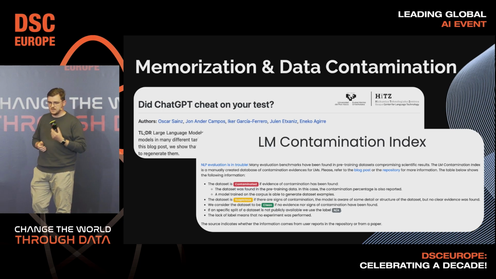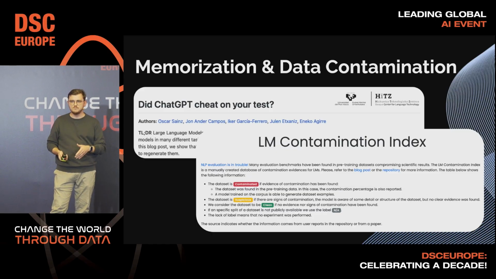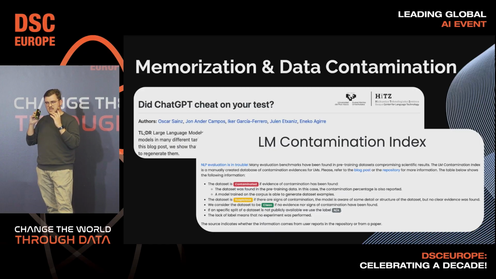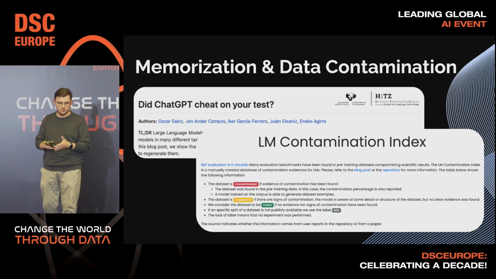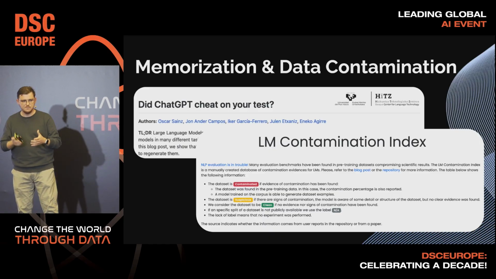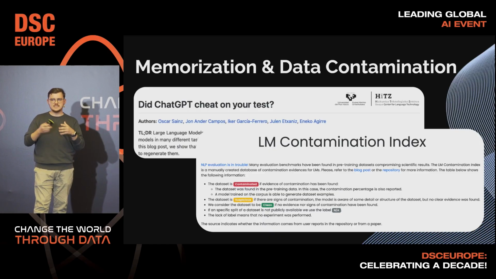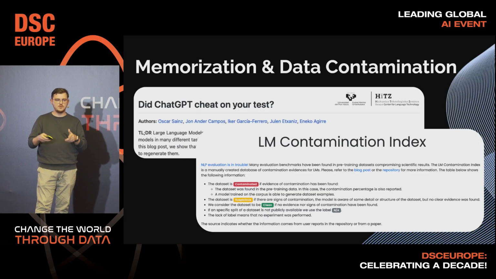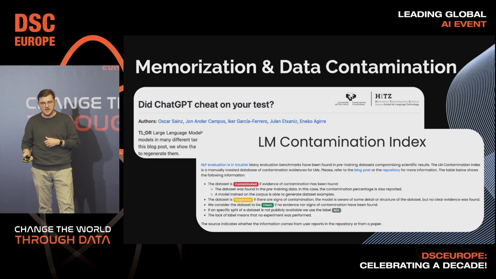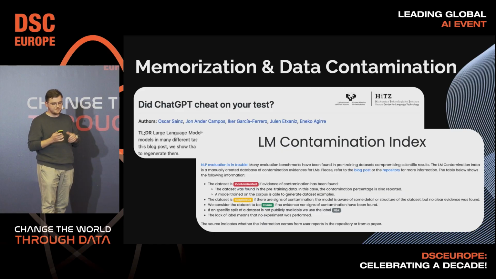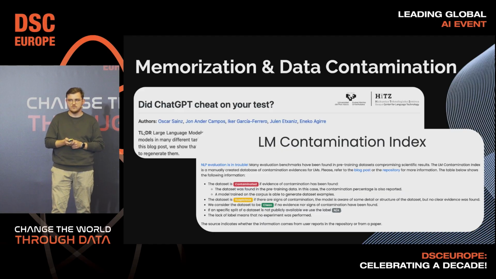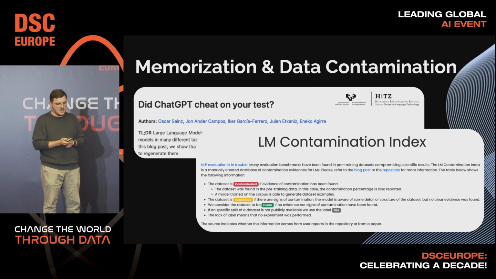That's a problem you have to keep in mind, because if there's a significant chance that a model could remember the examples from the benchmark, your assumptions about the reasoning abilities of that model and about its behavior could be put into question. And that is a significant challenge for reasoning evaluation.